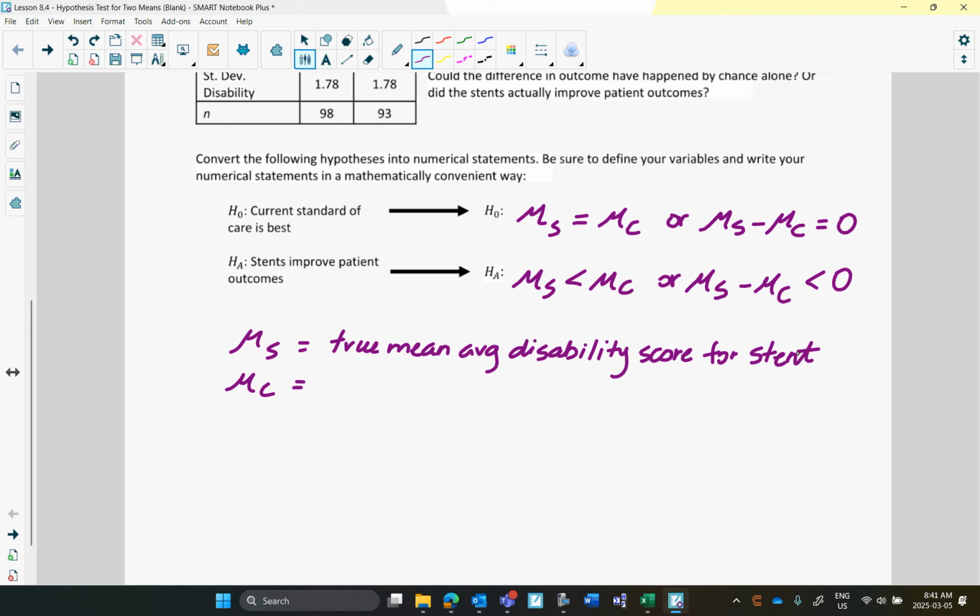And this one, I can just do ditto, true mean average disability score for the control group.